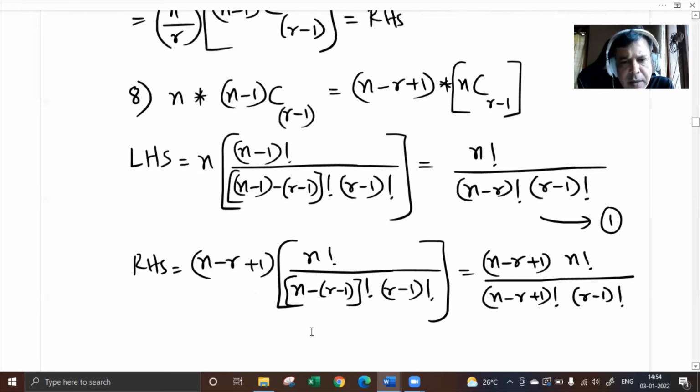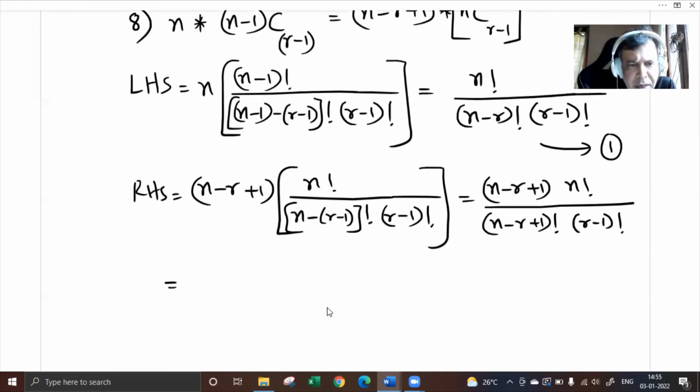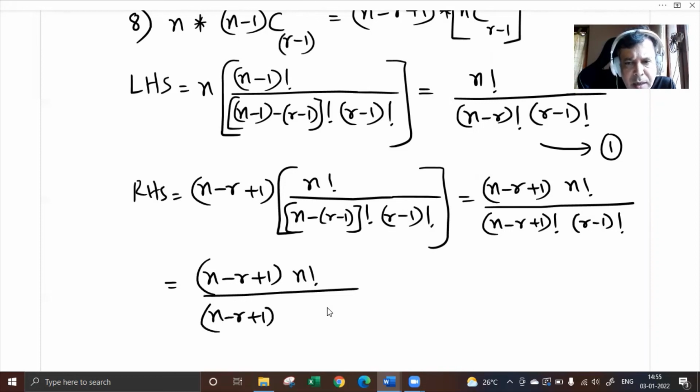Now, in this, the numerator we will write as it is. Denominator can be split as (n minus r plus 1) times (n minus r)! into (r minus 1)!. Now, this term and this term can get cancelled. We will call this as 2.